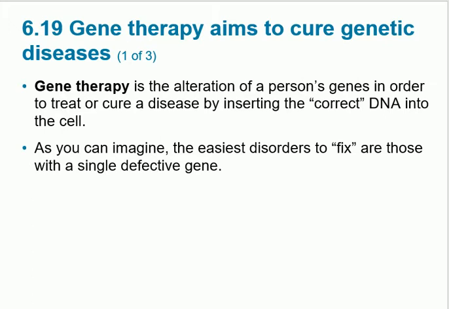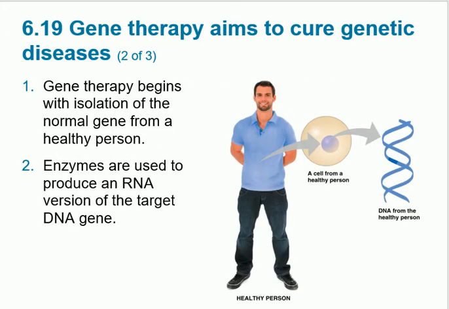What you're going to do is insert the correct gene in the form of DNA or RNA into that person to try to fix the issue of the defective gene. So this is how it's done.